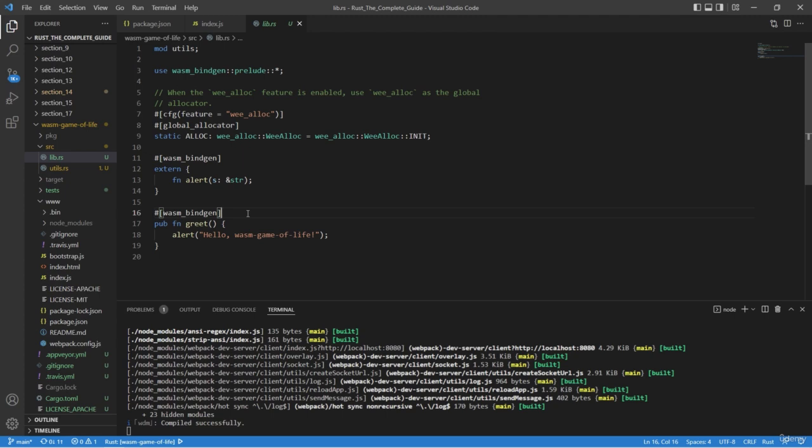So wasm-bindgen is very convenient, but it does not remove the need to consider our data representation and what values and structures are passed across this boundary. Instead, think of it as a tool for implementing the interface design that we choose.